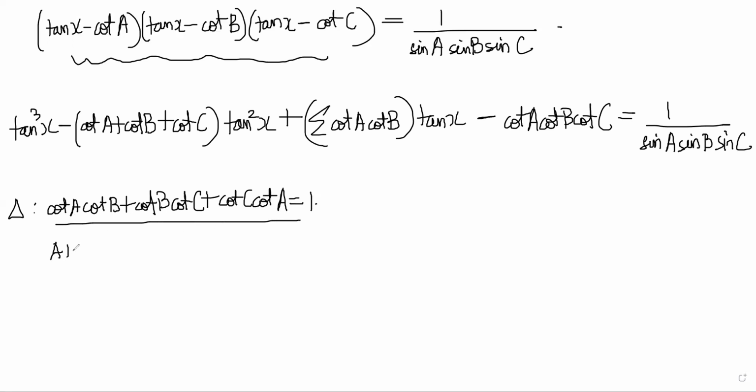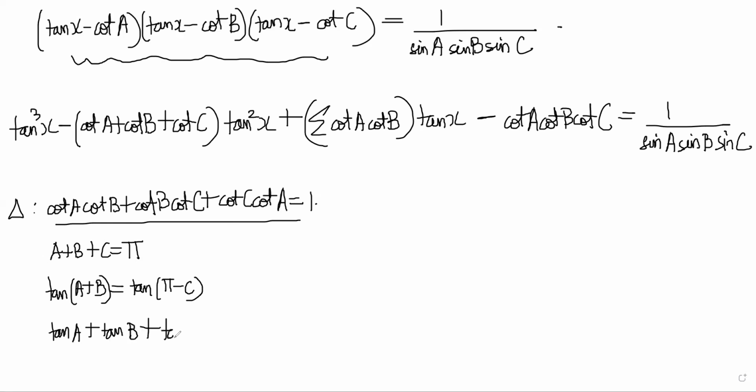You just use the fact that A plus B plus C is equal to pi and take tan on both sides after doing tan of A plus B is equal to tan of pi minus C and expand it, and you will be able to show that tan A plus tan B plus tan C is equal to tan A tan B tan C. This is a standard proof there in every trigonometry textbook. If I divide both sides by tan A tan B tan C, I will end up getting this identity. So because of this identity, this term is 1, right?